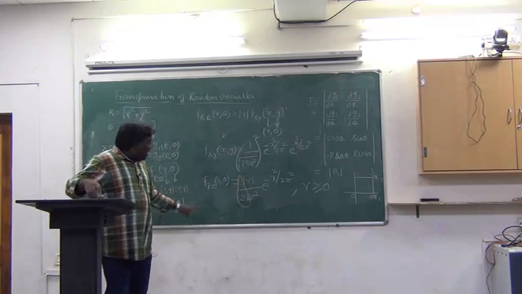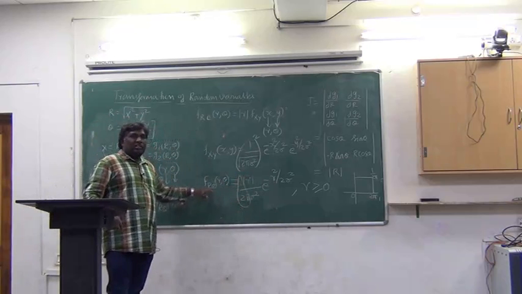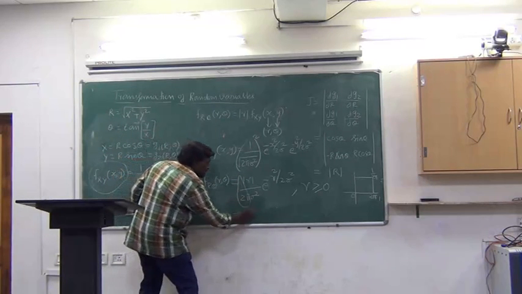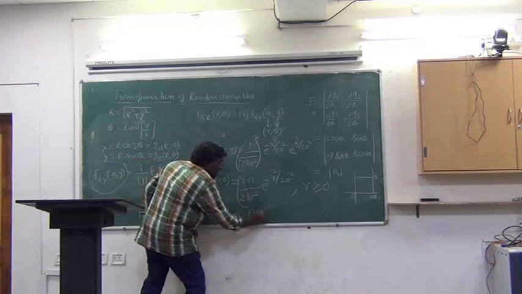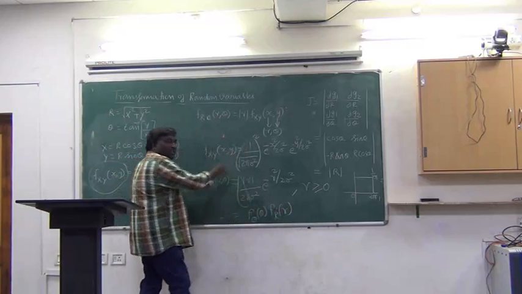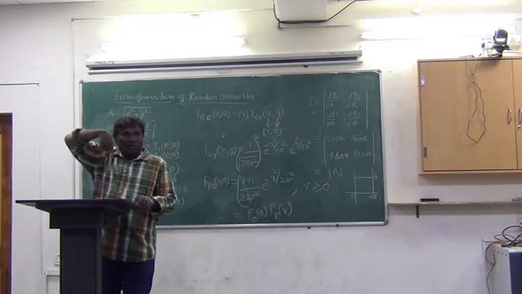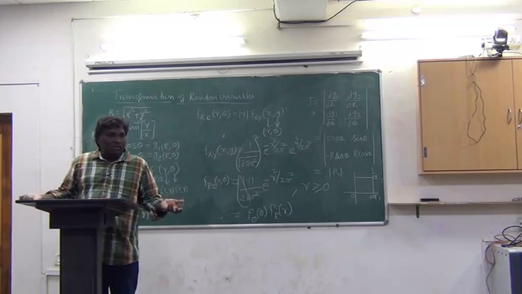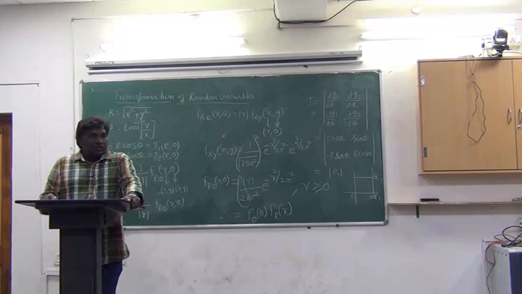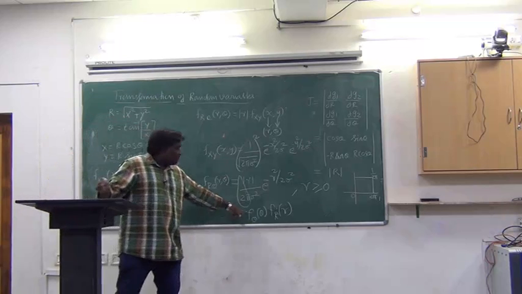It means that your R and theta here are independent. This is written as f theta of theta and f r of r. F theta of theta, which I have marked in yellow, is 1 by 2 pi. What does it mean? It means that theta is uniformly distributed between 0 to 2 pi.